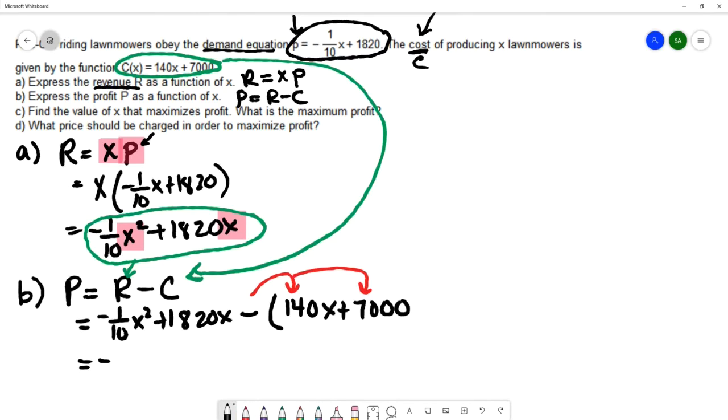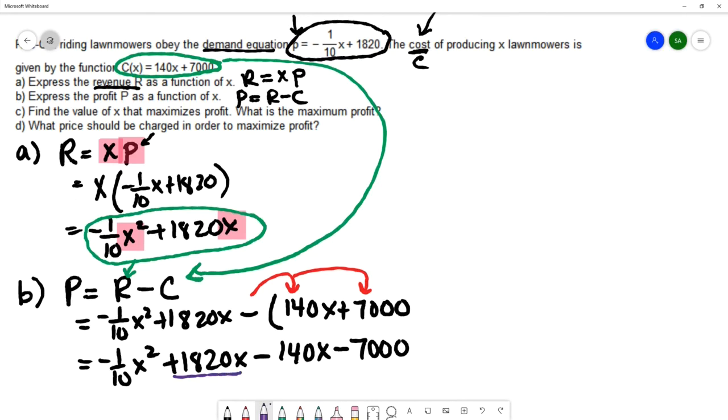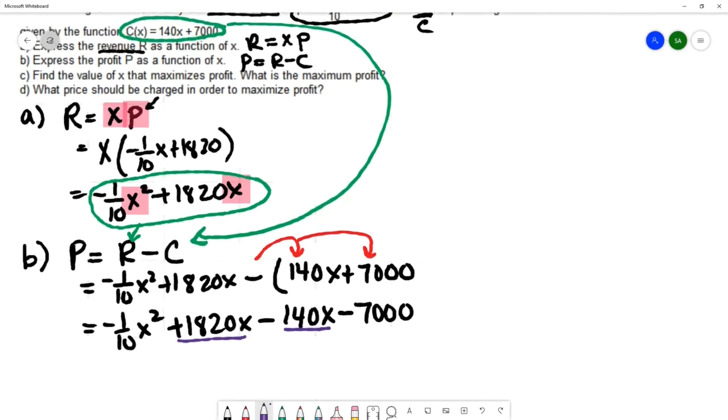That will give negative 1/10 x squared plus 1,820x minus 140x minus 7,000. I'm able to combine these like terms to get negative 1/10 x squared.